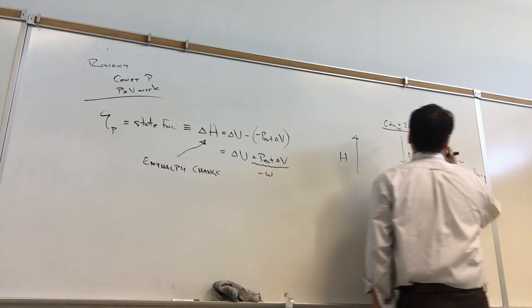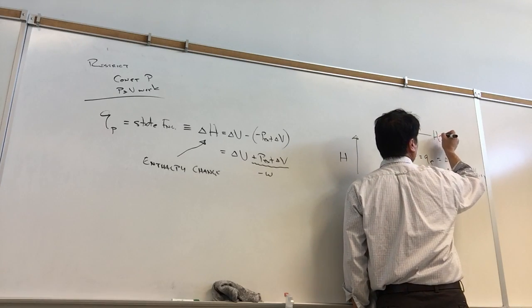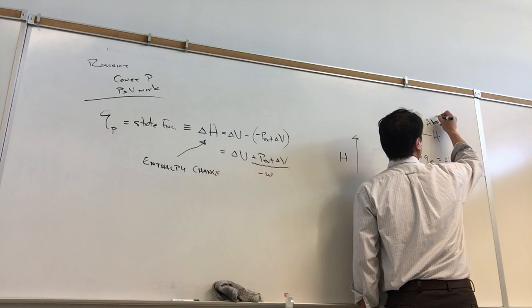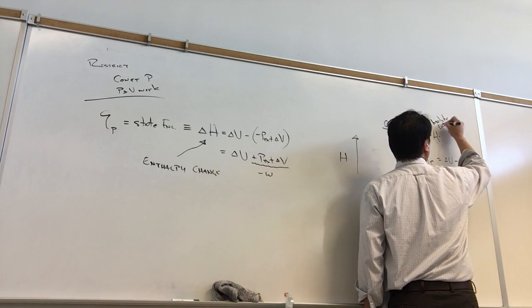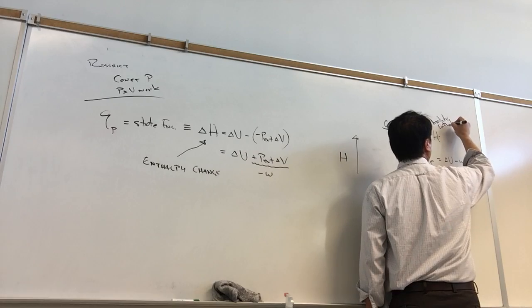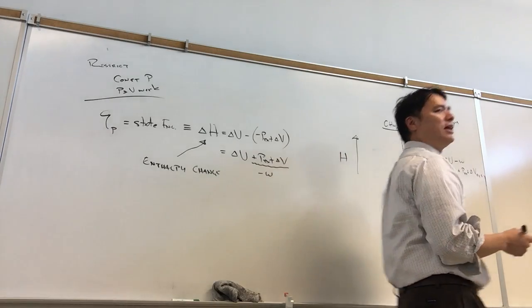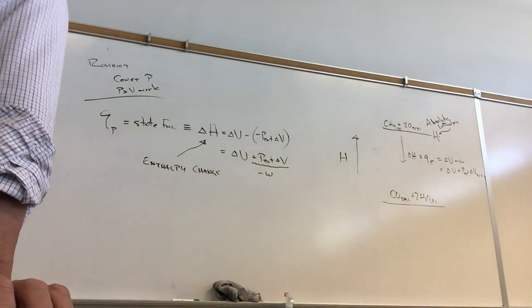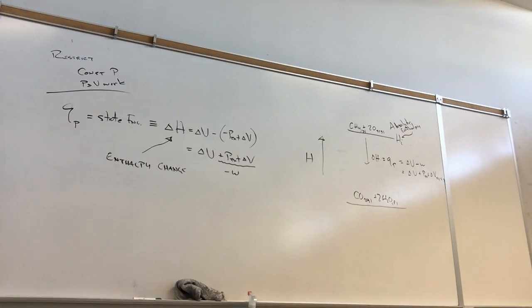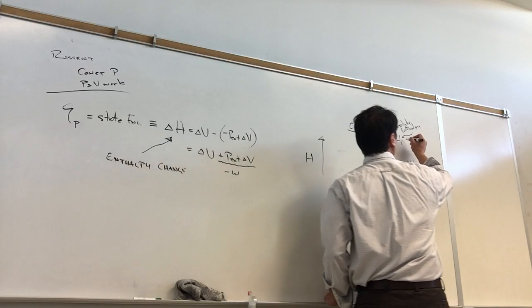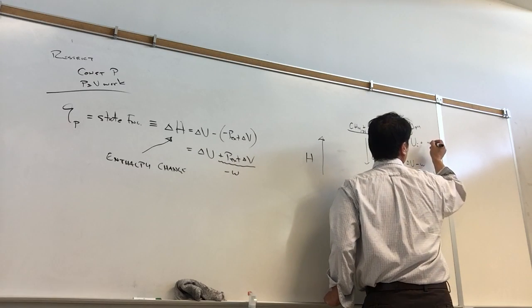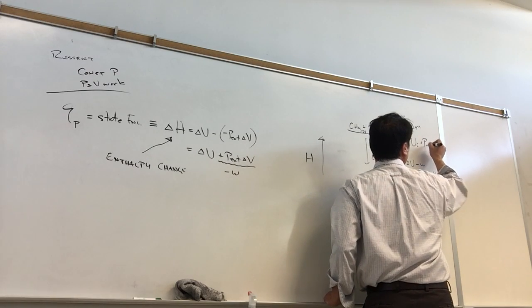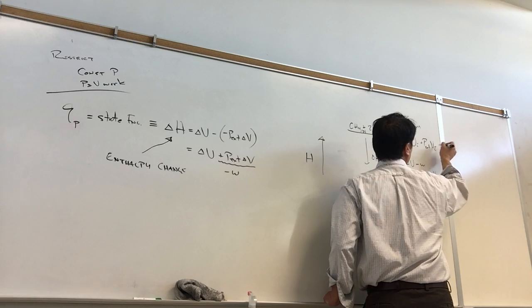Well, when I have H initial here, this is called the absolute enthalpy. What is the absolute enthalpy, and how does it compare to the absolute internal energy? Well, we know absolute internal energy is the total energy, right? Absolute enthalpy is equal to the total energy plus P external V initial.